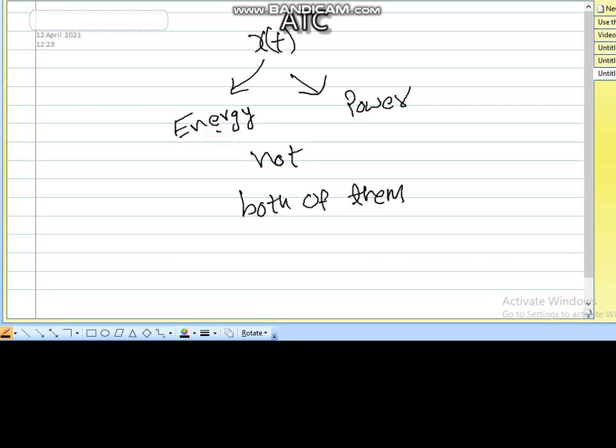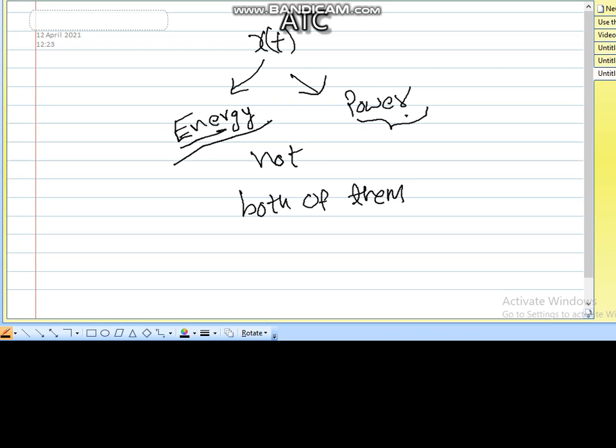An energy signal is only an energy signal; it's not again called a power signal. A power signal is not defined as an energy signal. Energy signal is energy signal, power signal is power signal.